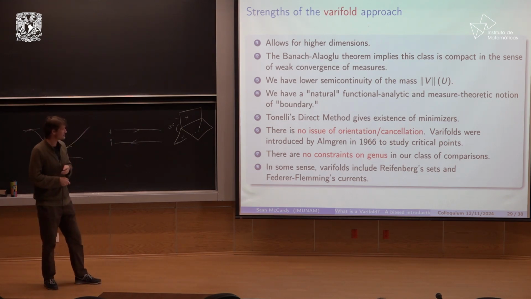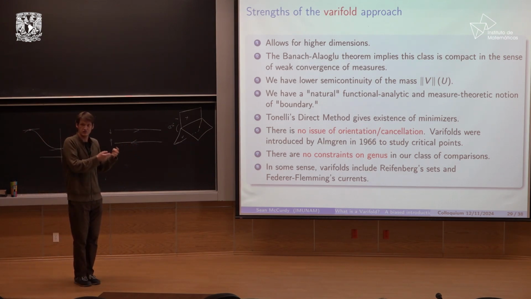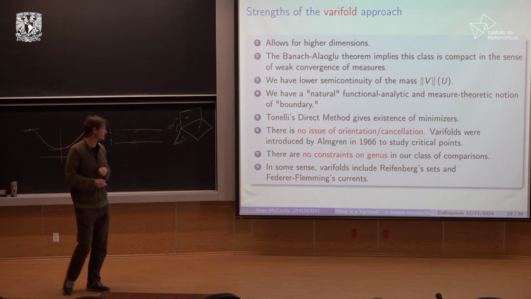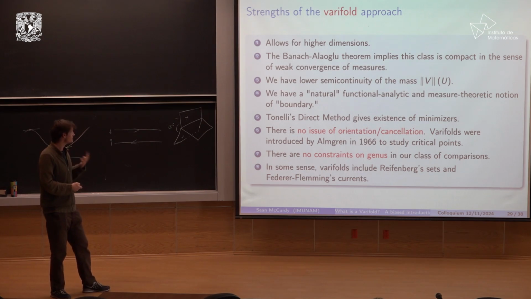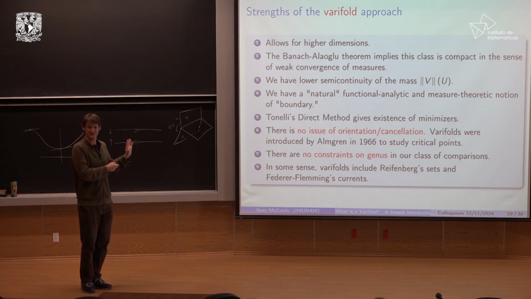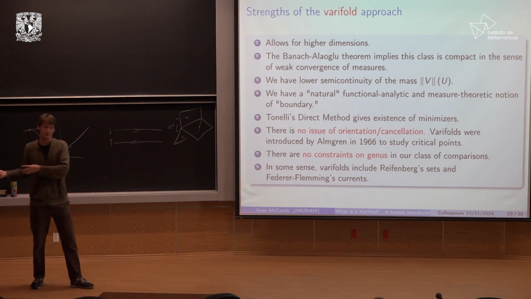And also, in some sense, these sets and also Federer and Fleming's currents can all naturally be viewed as varifolds themselves. It's sort of a larger class that contains all these other approaches that we've talked about. So in this sense, this is my pitch for why varifolds are this very natural, beautiful class to approach geometrical variational problems.